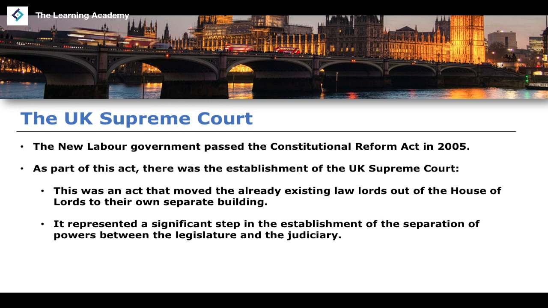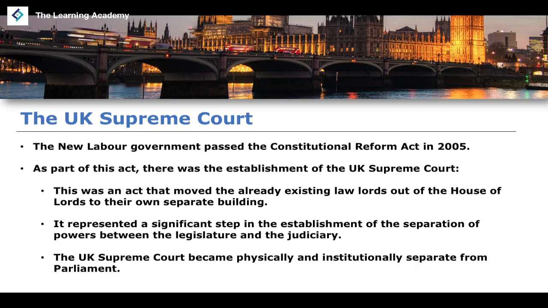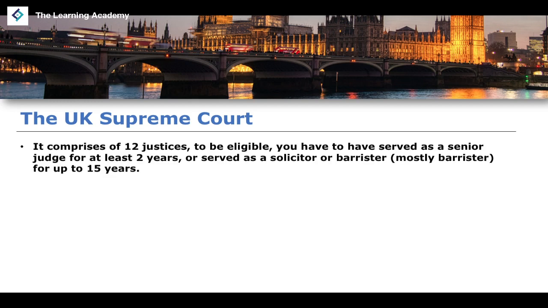But that's an example here of how we get to the position we're in, where we have the UK Supreme Court. It became a physically and institutionally separate body that was separate from Parliament, and in doing so it signified a true separation of powers between these two institutions.